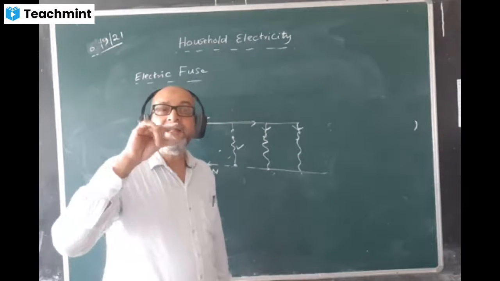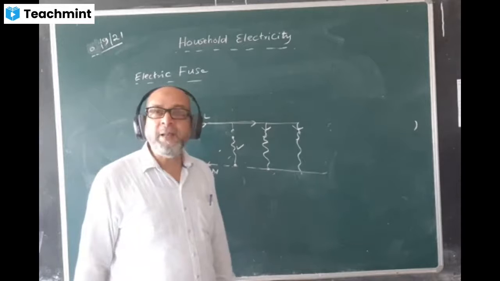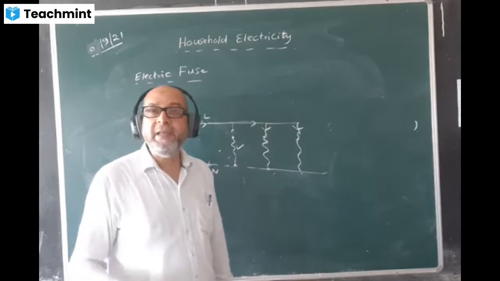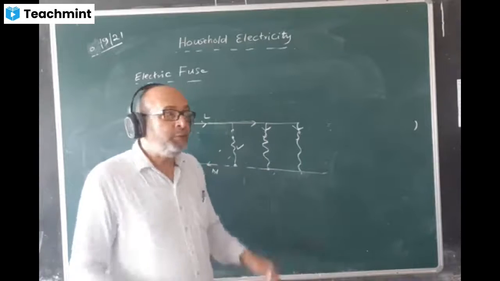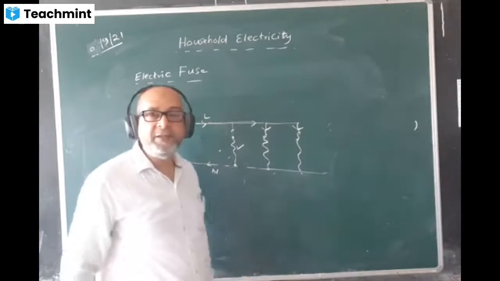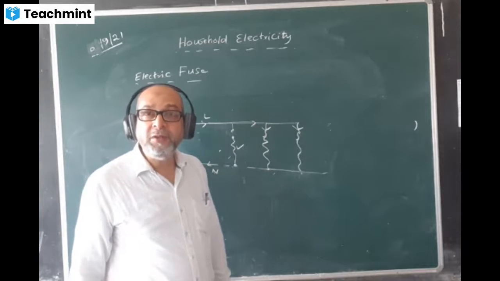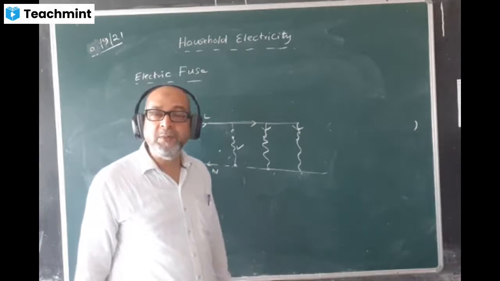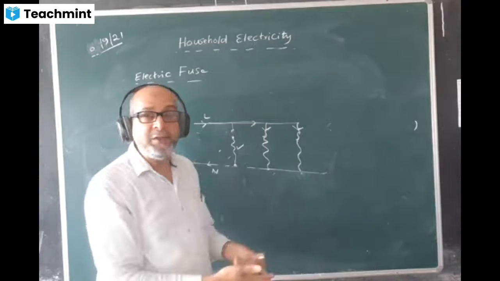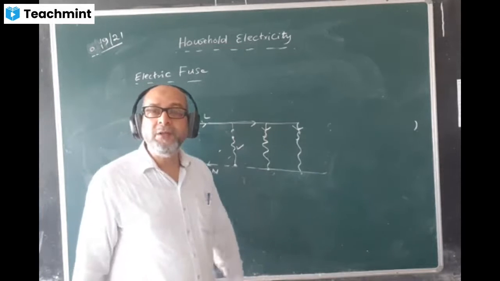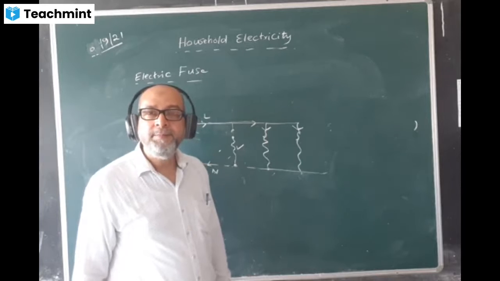Now see, each appliance has its own fuse also. Costly appliances have an inbuilt fuse; the company will put a fuse. For example, a television set is very expensive, 20,000, 25,000, 30,000. By chance, due to high current, if it gets damaged, the damage will be quite big.